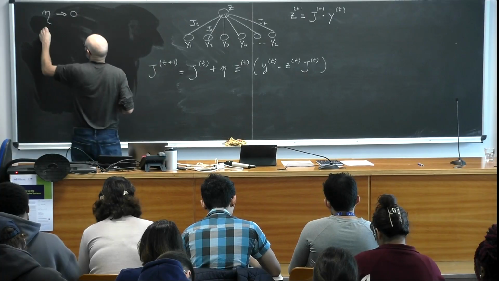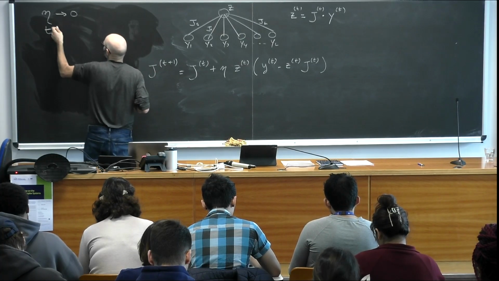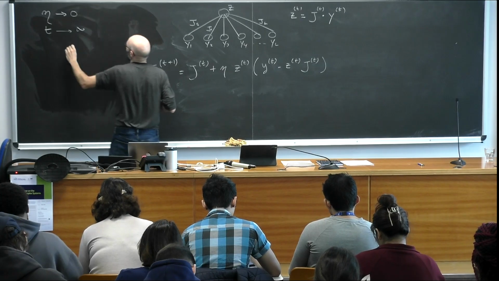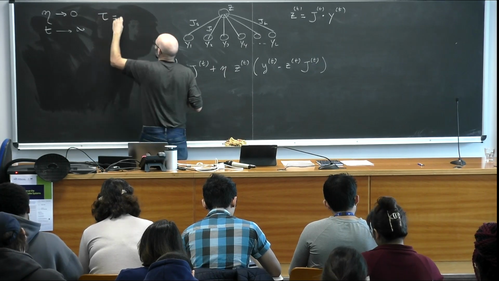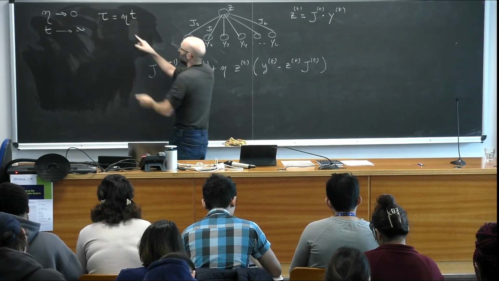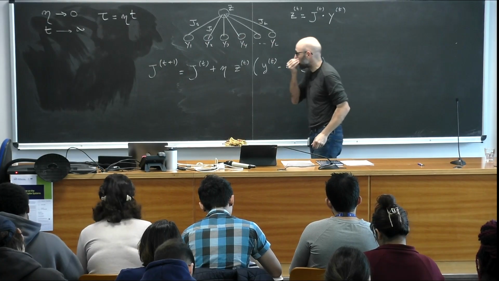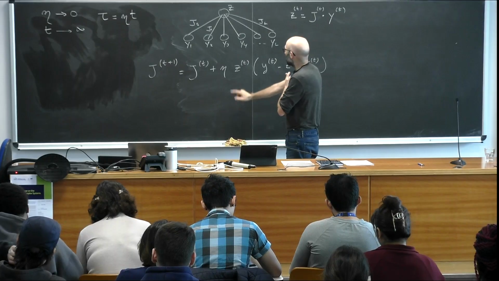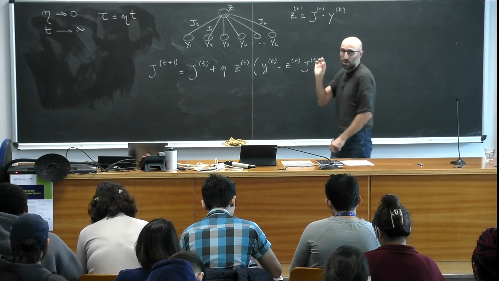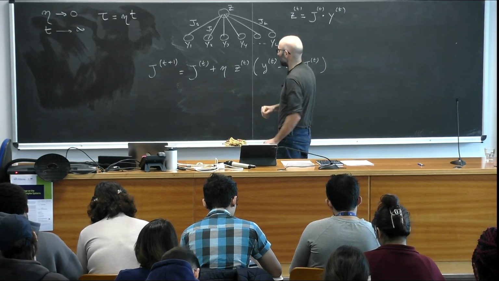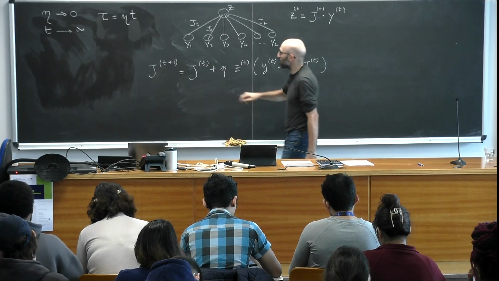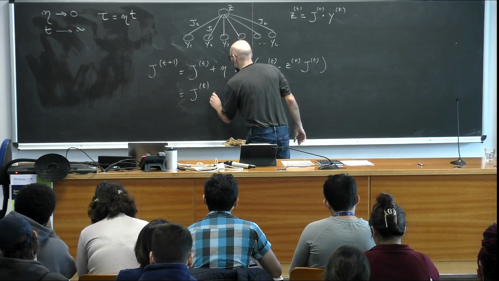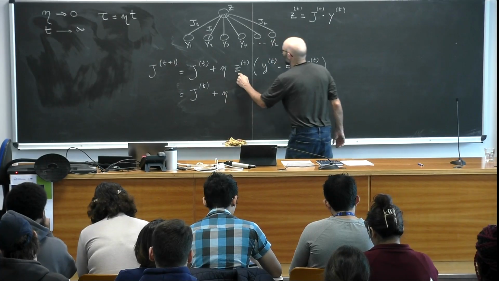And then the time will become large in such a way that we will call tau eta times t. So we assume that we are doing many time steps. We have many data, and at each time step, we make a small change to our weights. To see what happens, first of all, let's put z here.